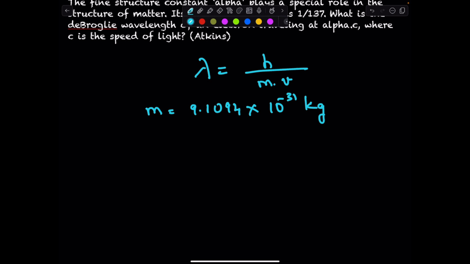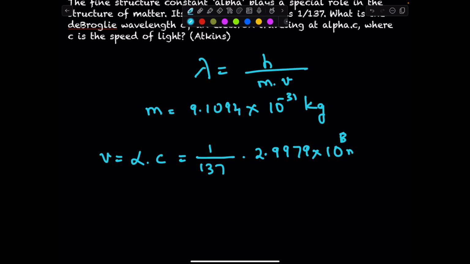So speed is given as v equals alpha dot c, where alpha is 1 over 137 and c is the speed of light, which is 2.9979 times 10 to the 8 meters per second.